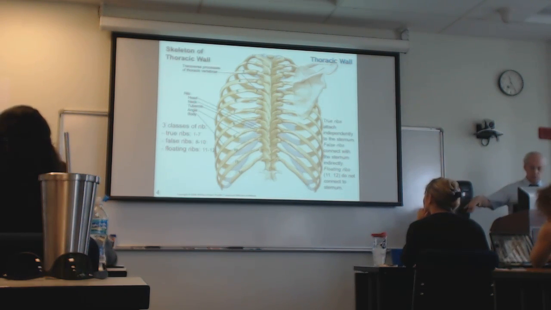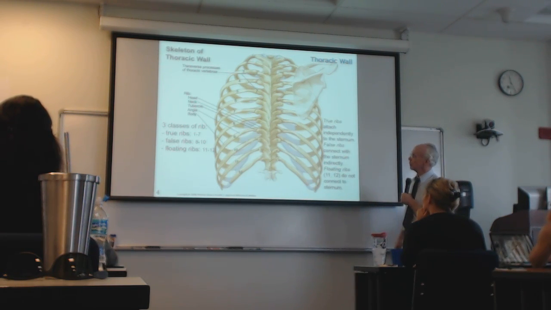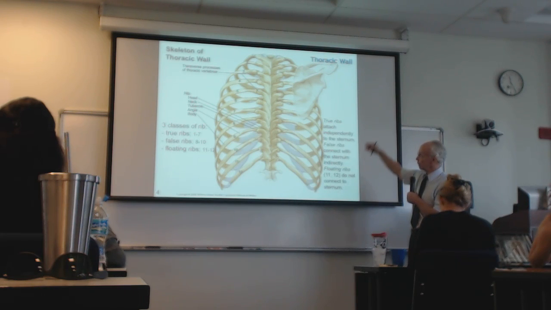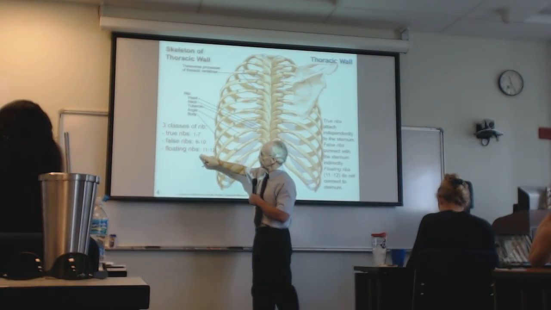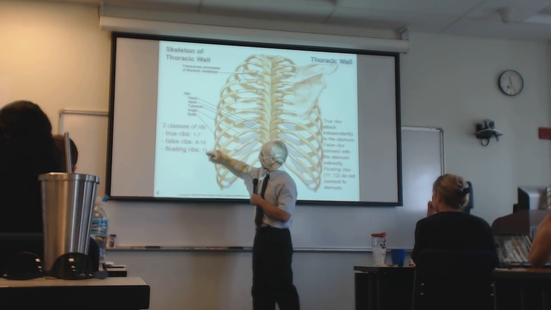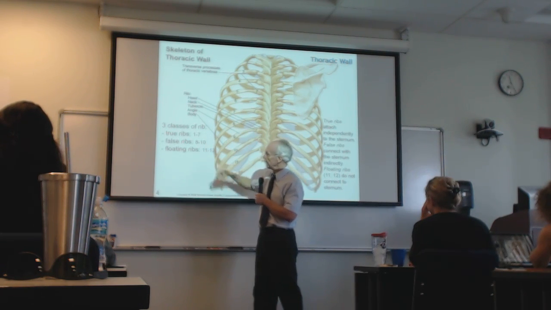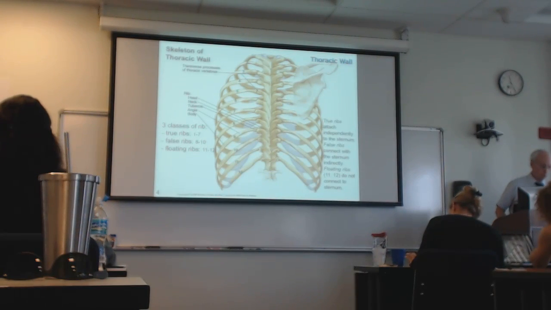You'll also note the considerable downward slant of the ribs, so that most sections of the ribs that you see in the anatomical literature are actually taken obliquely. The true ribs, the false ribs, and the floating ribs, this is a bit of an anatomical scholasticism. Whether you wish to include the floating ribs as part of the false ribs, that's fine with me, but just be aware that by floating rib, we mean that there is no direct anterior attachment of the rib to the sternum.